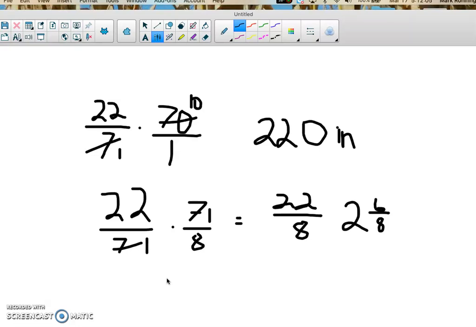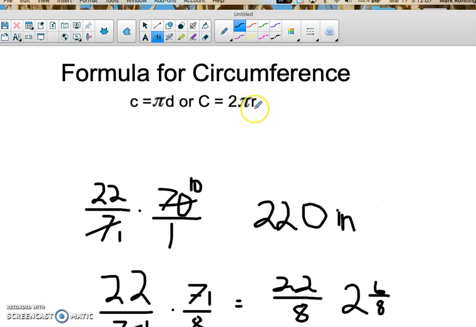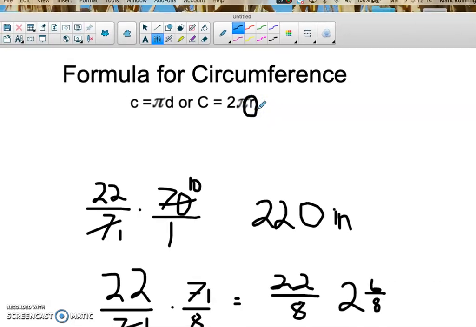Well, those of you that figured it out knew that on that first one, we should have used this formula, times the radius.